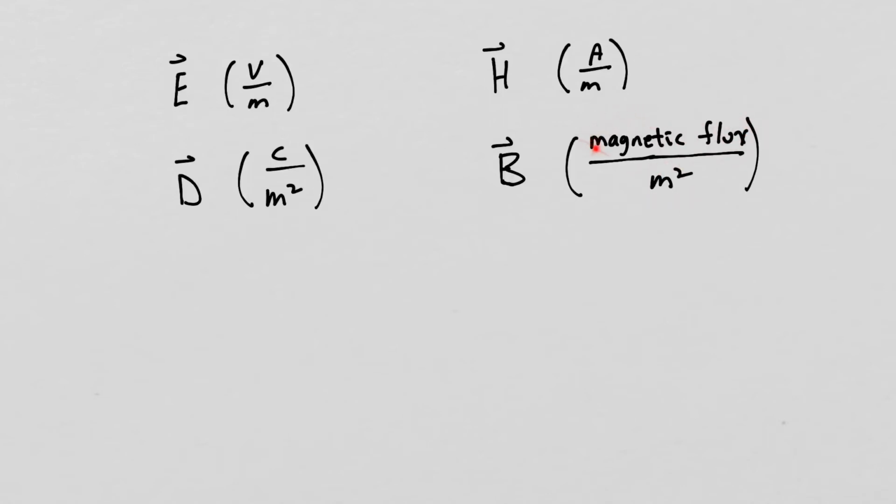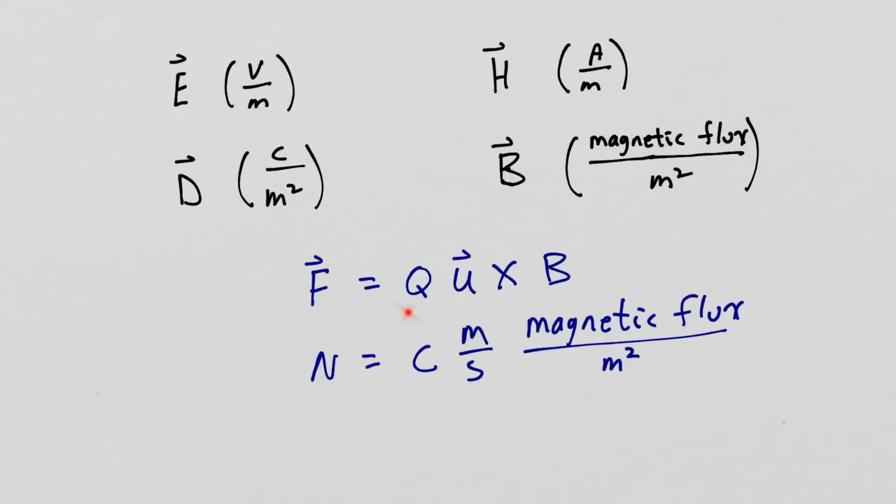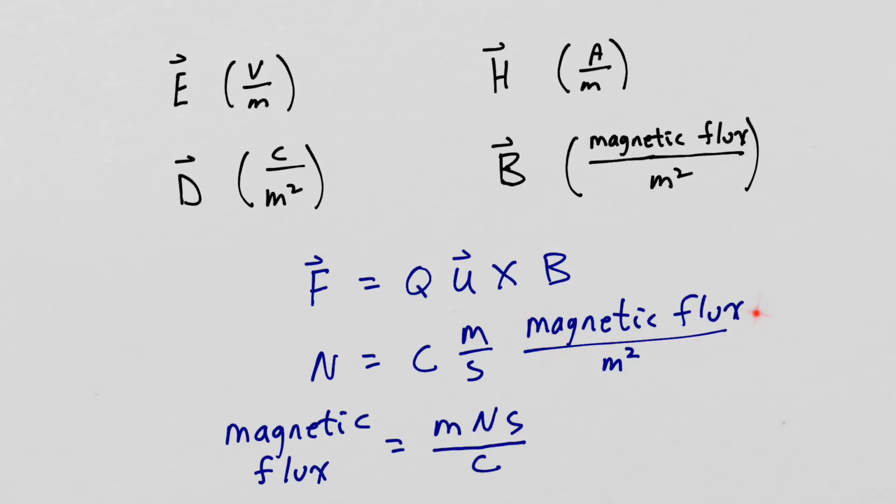Let's determine the units of magnetic flux. Looking at our force equation, we see that newtons will equal coulombs times meters per second times magnetic flux per meter squared. Solving for magnetic flux, we get meters, newtons, seconds over coulombs, and a meter times a newton will be a joule, and a joule over a coulomb is a volt.